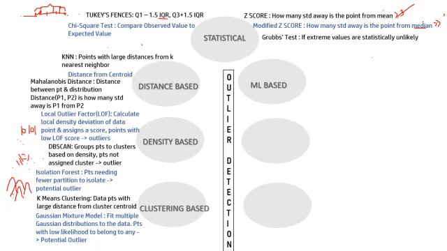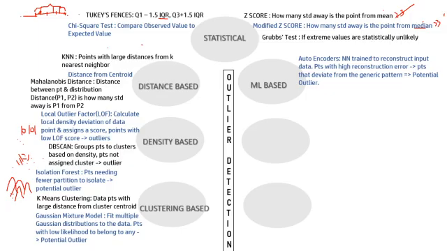Next, you have some machine learning based methods like autoencoders, where a neural network is trained to find the pattern in your data, and it learns the data and replicates your data set.